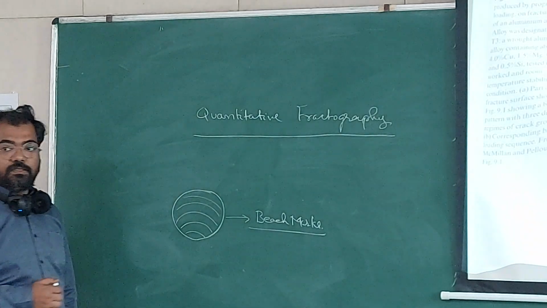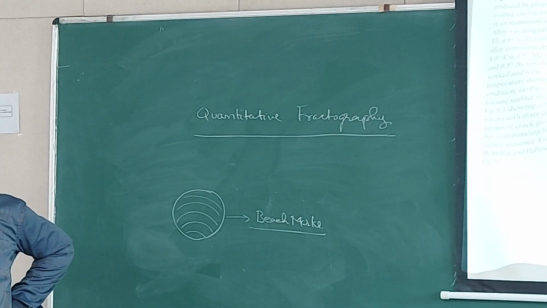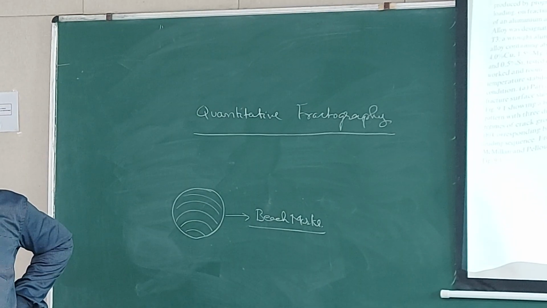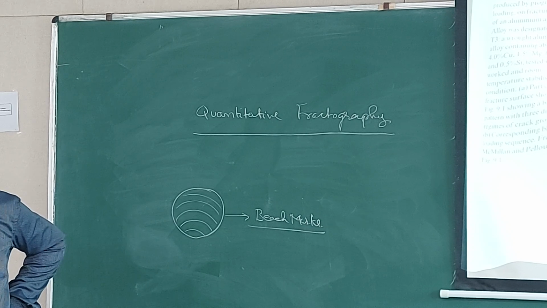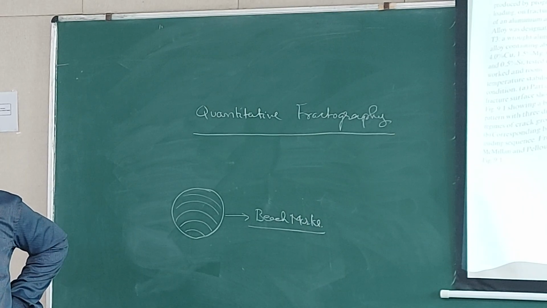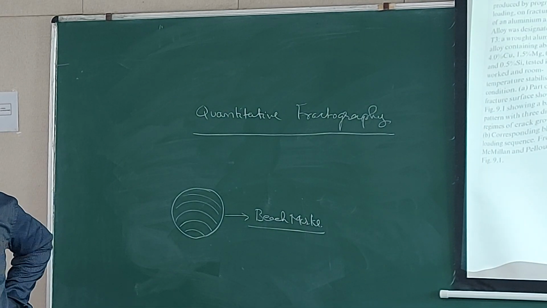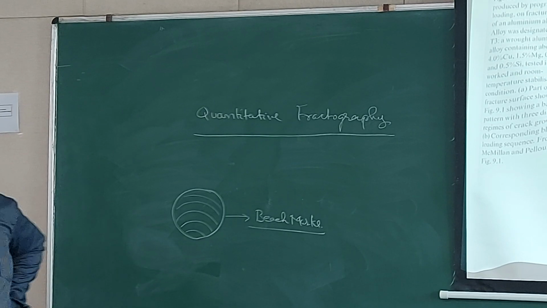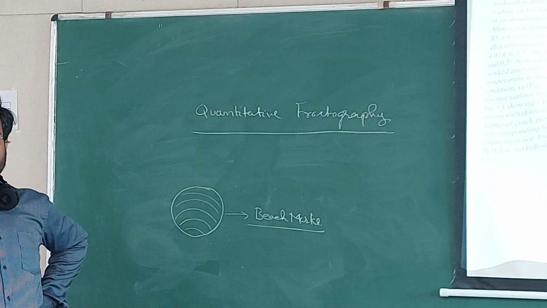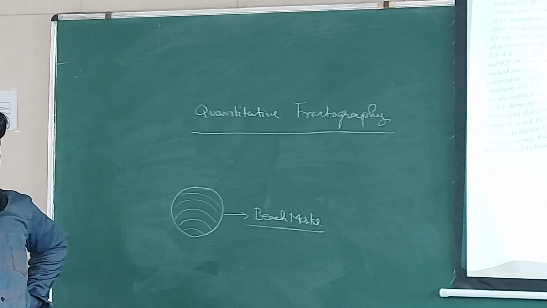These are beach marks which will be visible under optical microscope only, and whenever they are visible, you should be very confident that it's a fatigue fracture. If it is not visible, it is not a guarantee that it is not a fatigue fracture.